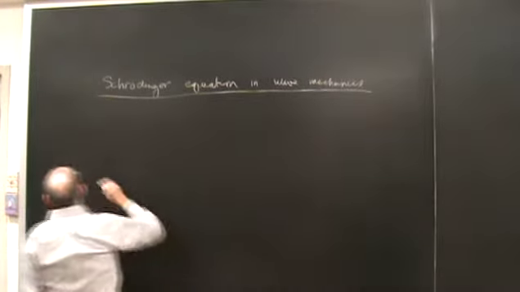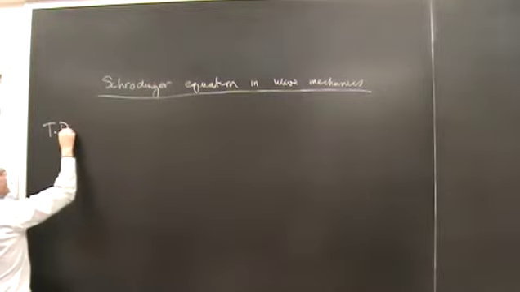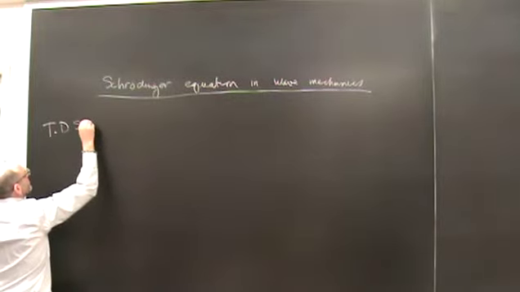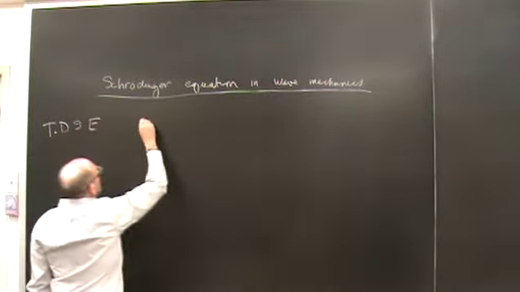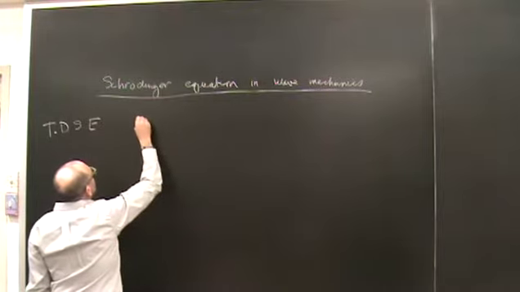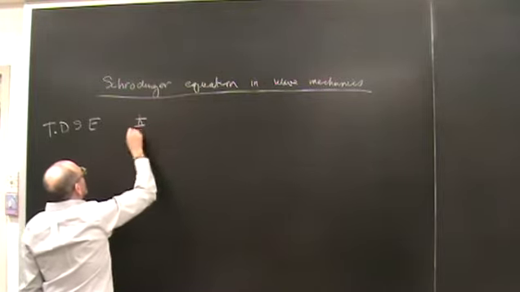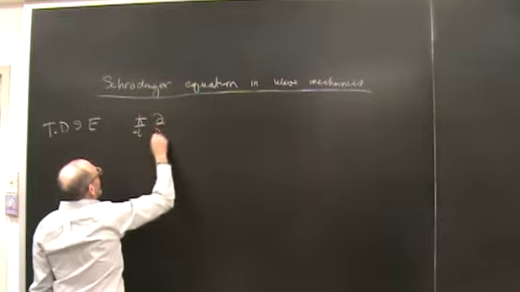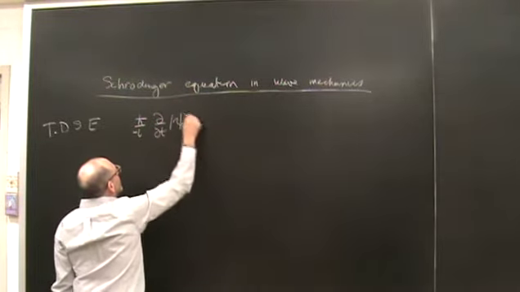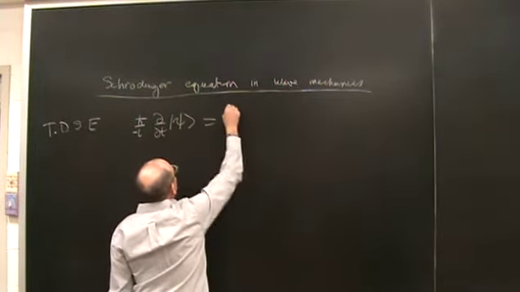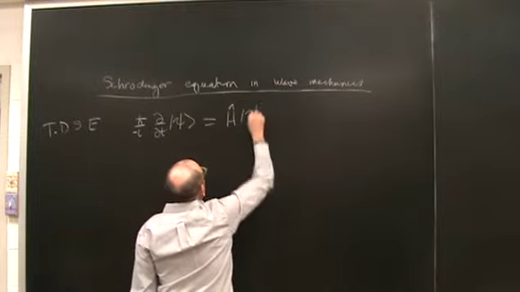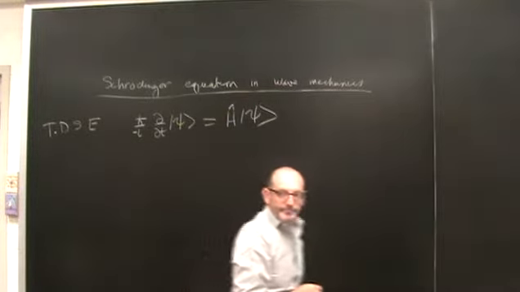The time-dependent Schrödinger equation: h bar over minus i, the partial with respect to t of psi, is the Hamiltonian acting on psi.